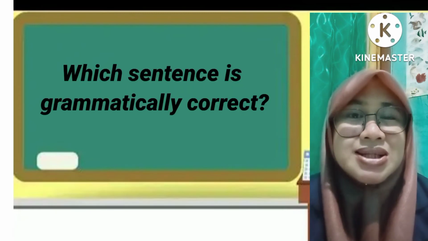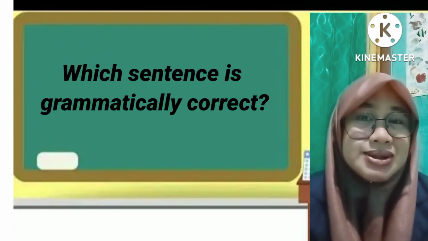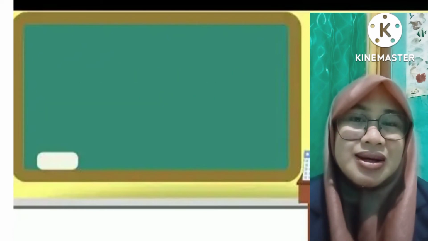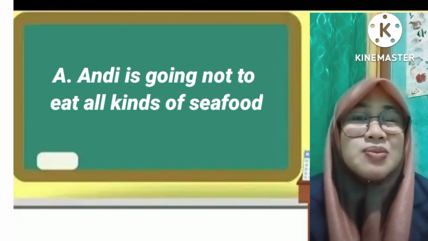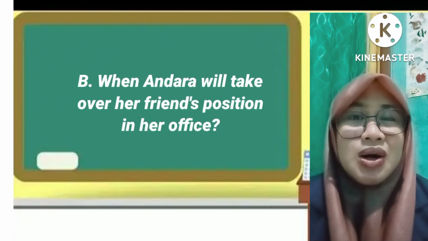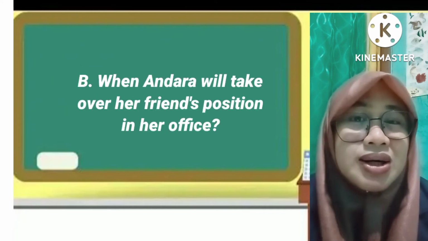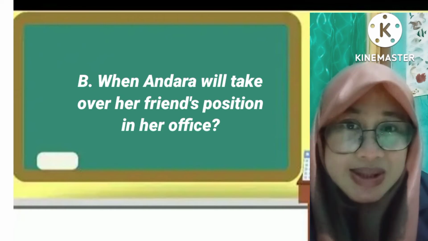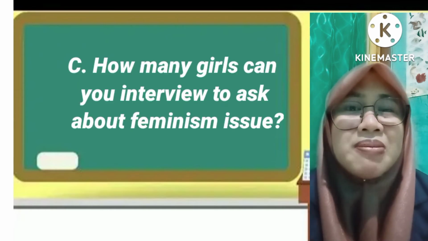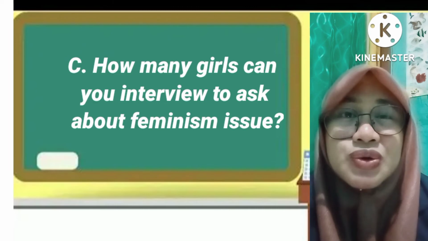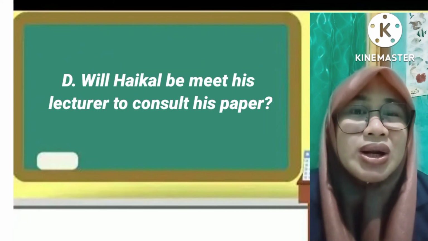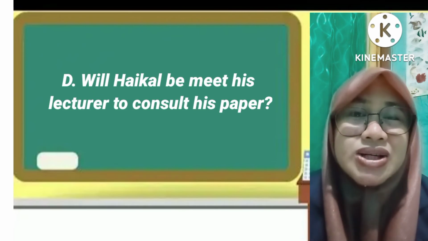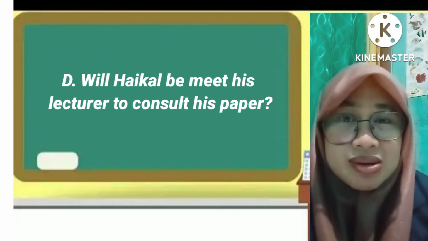Question for number 4. Which sentence is grammatically correct? A. Andy is going not to eat all kinds of seafood. B. When Anda will take over her friend's position in her office. C. How many girls can you interview to ask about feminism issue? D. Will Haikal be meet his lecturer to counsel his people?